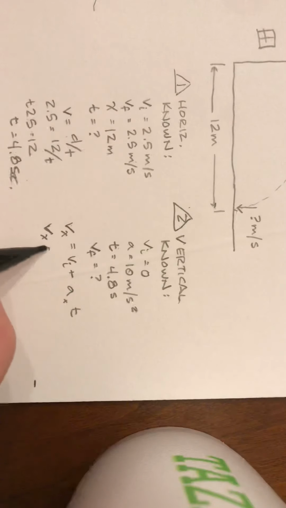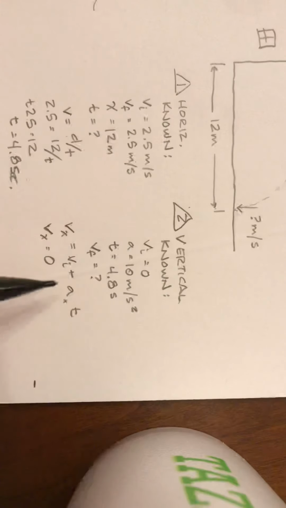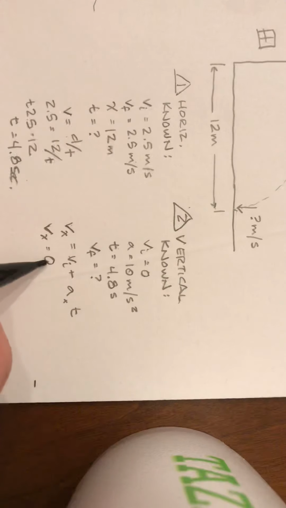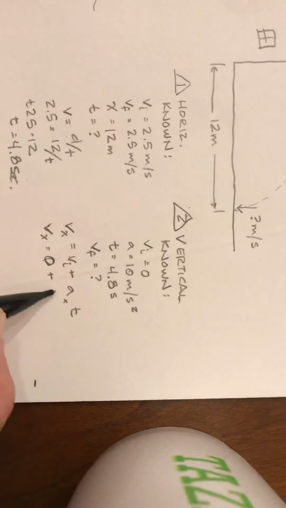So let's see. Velocity initial was 0. Again, remember we're talking in the vertical direction here. It was still in the vertical direction when it was first tossed off the roof. So velocity initial in that direction is 0. Plus acceleration is 10.